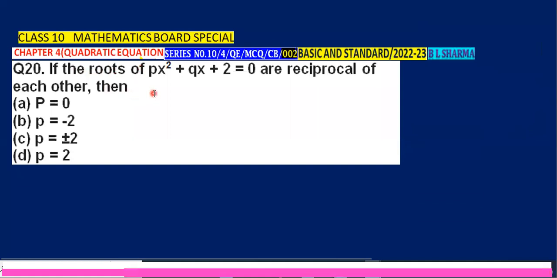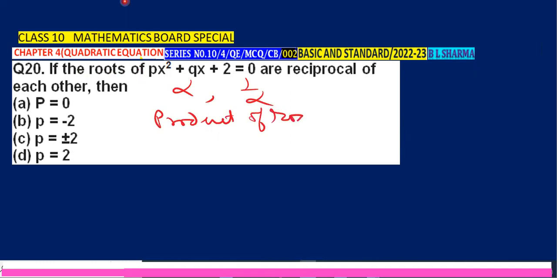If the roots of px square plus qx plus 2 is equal to 0 are reciprocal of each other, we know that one root is alpha, other is 1 upon alpha. We know the product of zeros or roots, as in case of polynomial zeros, is c upon a.